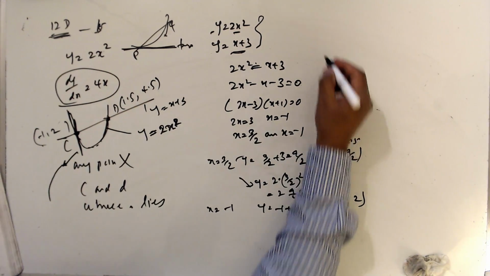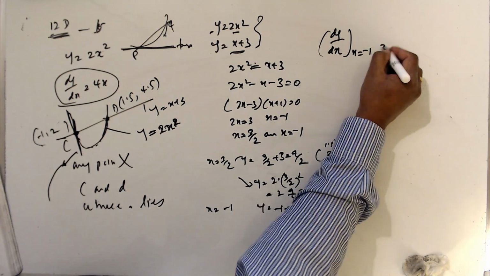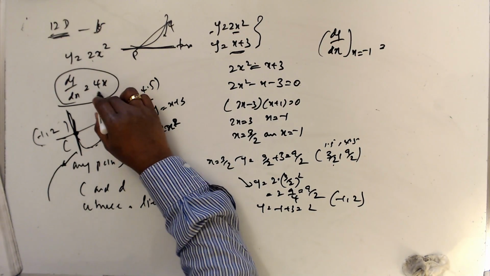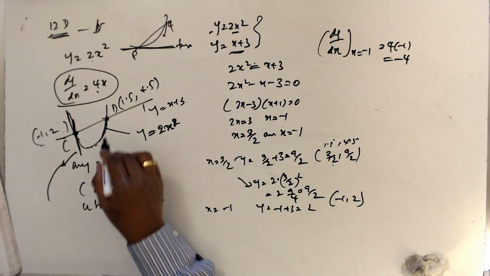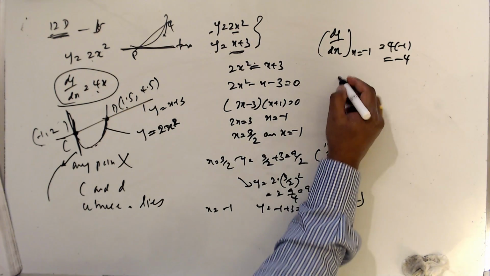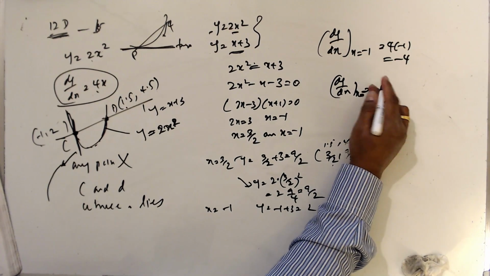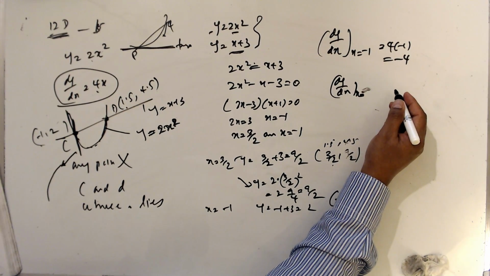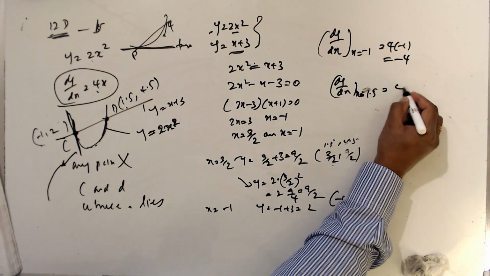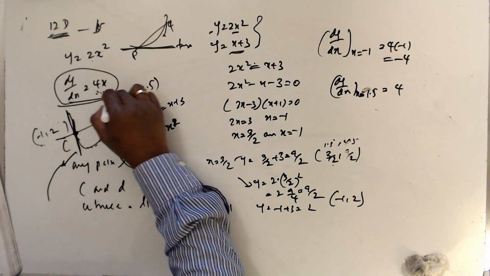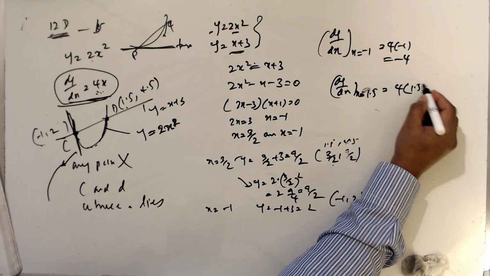So we'll find it now at point C. dy over dx when x equal minus 1: this is going to be 4 times minus 1, which is minus 4. Then at D, dy over dx when x equal 1.5: dy by dx is the gradient, so 4 times 1.5.